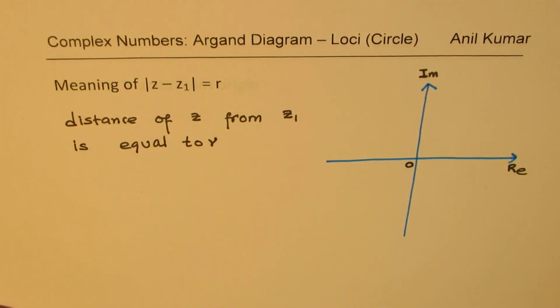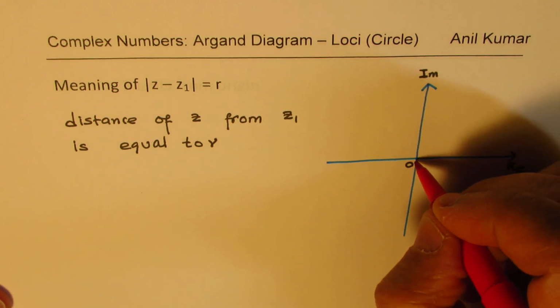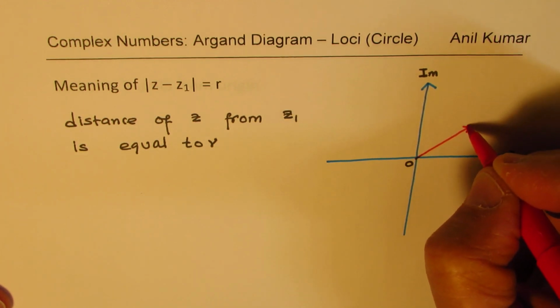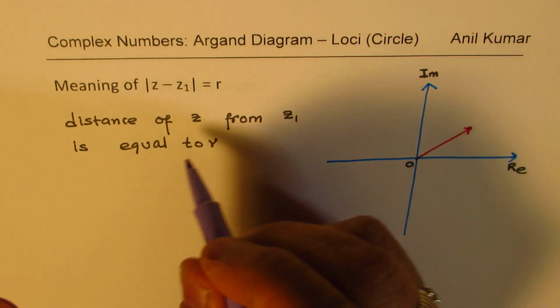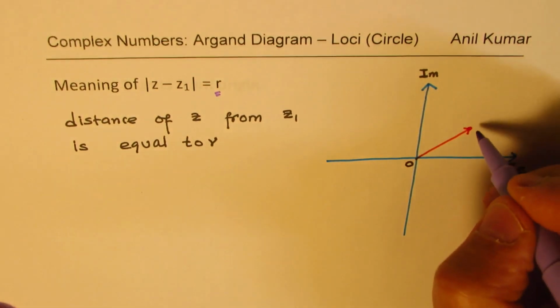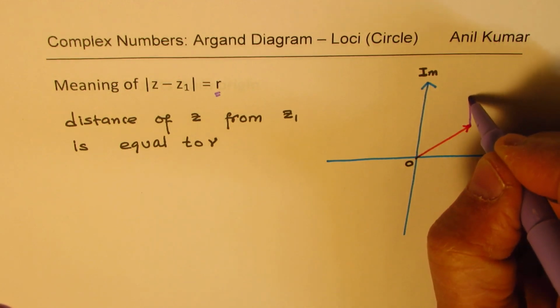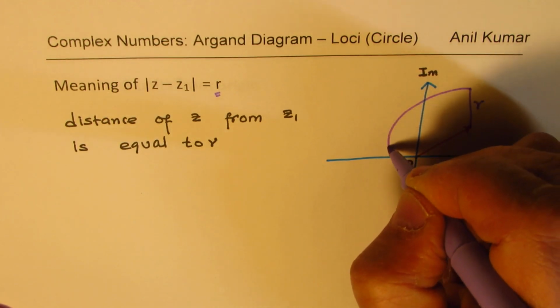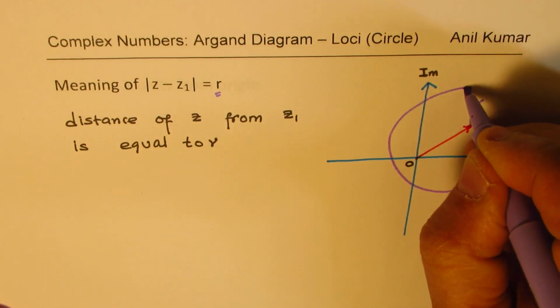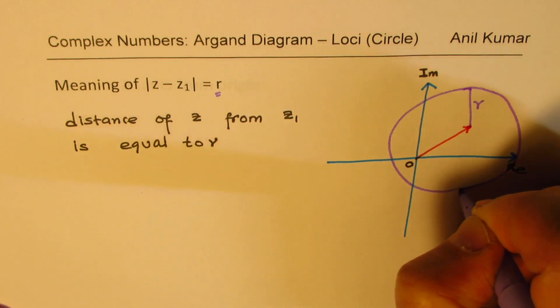So basically it means that if I have a complex number z1, let's say here, so that is my complex number z1. In that case, if I take all the points from this which are r distance away, and r distance away, right? And if I form a circle using this, it doesn't look so nice, but I hope you get the concept.